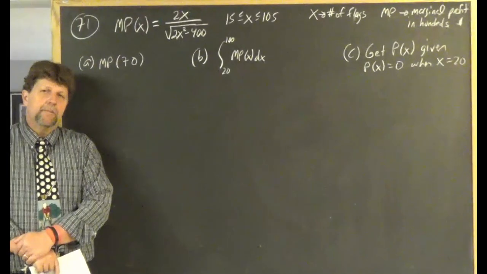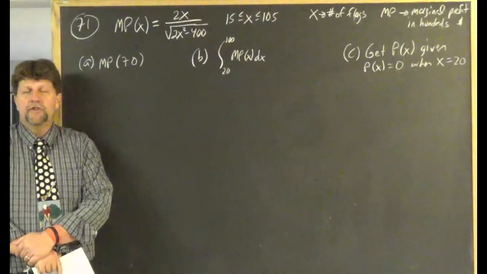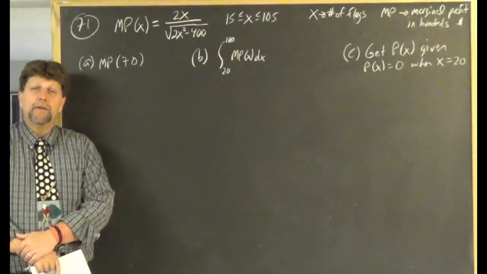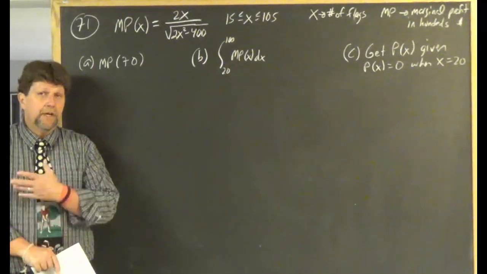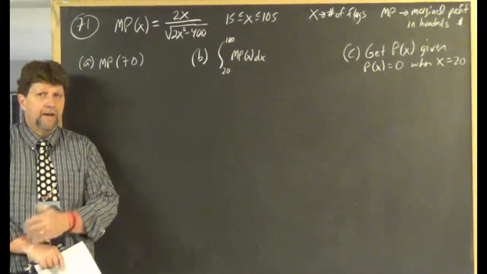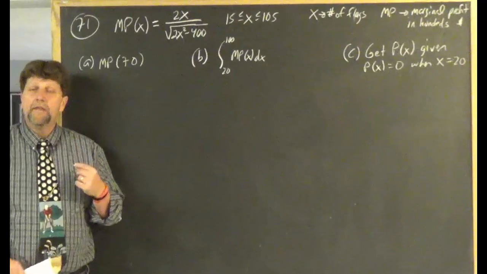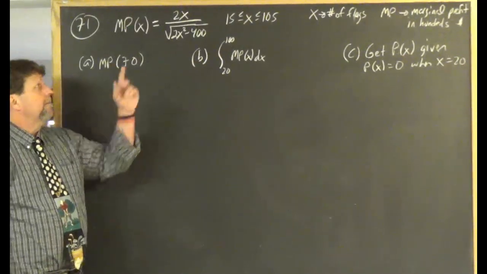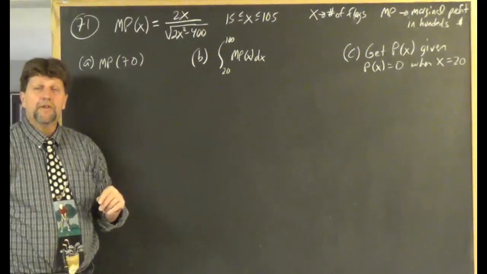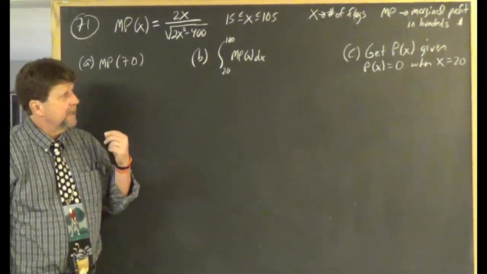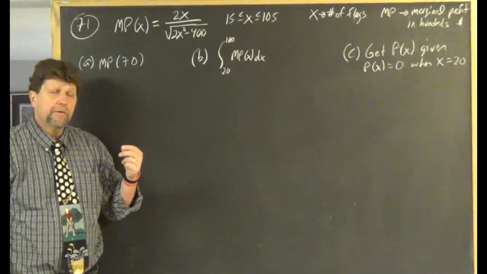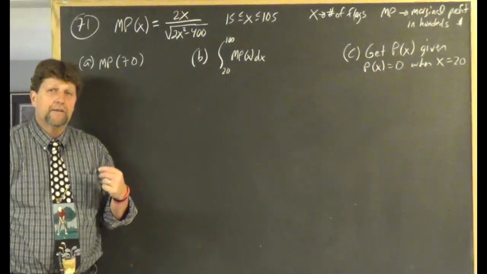All right, folks, this example, it's an application. I said we'd just do number 71 from the book. So hopefully you have the book. You're looking at number 71. I'm not going to read it to you because it's right there in front of you. I just wrote down the important stuff. This is the marginal profit function we were given. We were told X represents the number of flags, and the marginal profit itself was measured in hundreds of dollars.